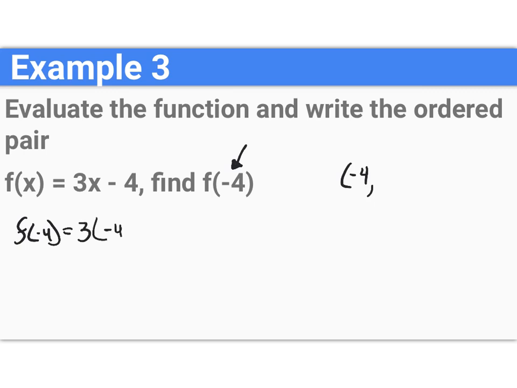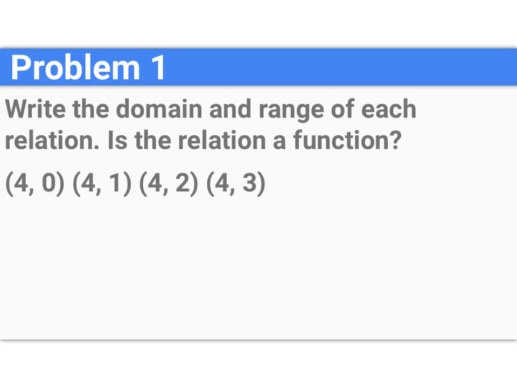We always substitute using parentheses to keep our signs straight. 3 times -4 is -12 minus 4. So f of -4 equals -16. So our point is -4, -16 for this function. And so those were our examples. Please try the practice problems, and I will meet you at the end of the lesson.